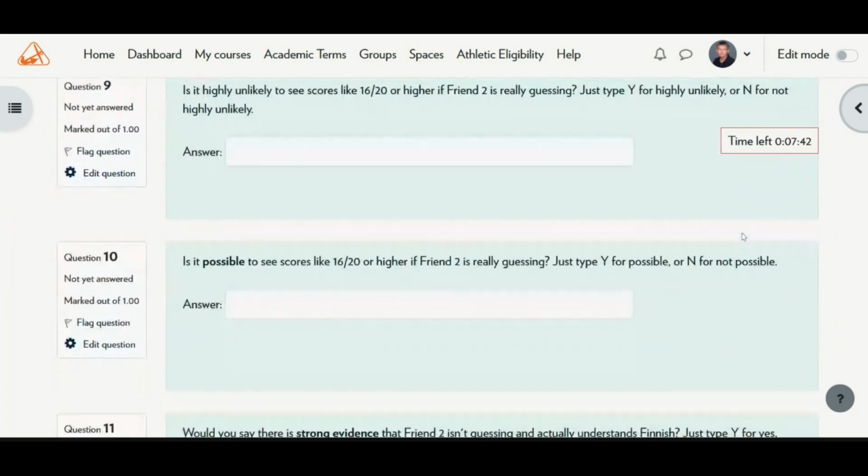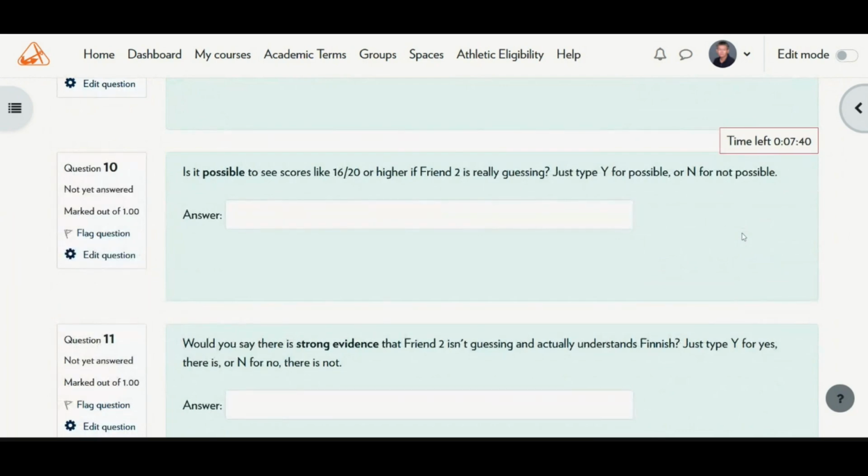Wait, what did you put for number 10? I put no. I guess not. Is guessing possible? Oh yeah, it's possible. Would you say there's strong evidence? They're all blended into one question. Yeah, we can definitely.